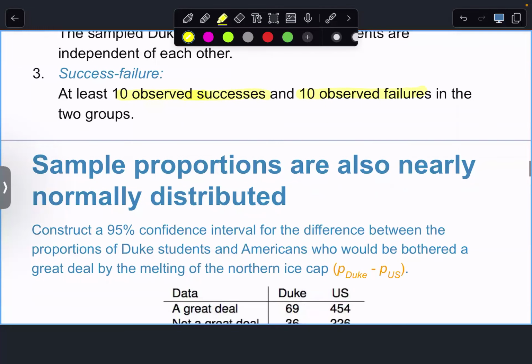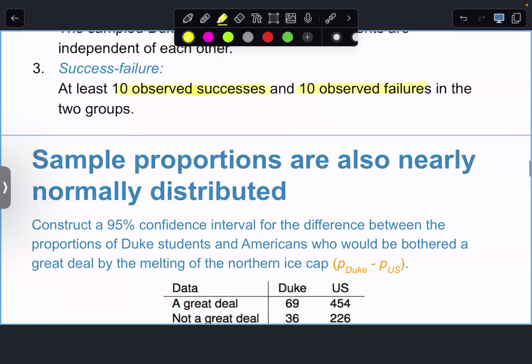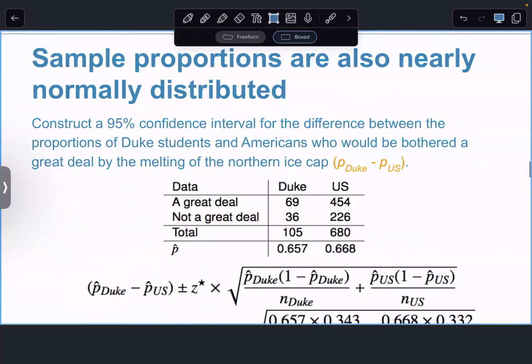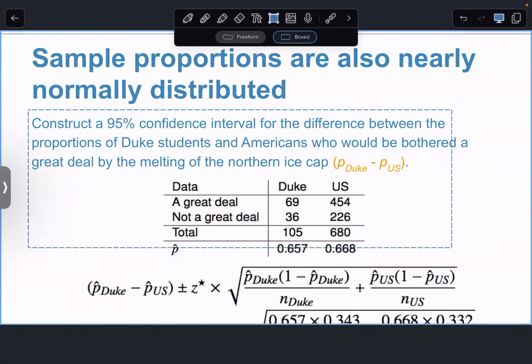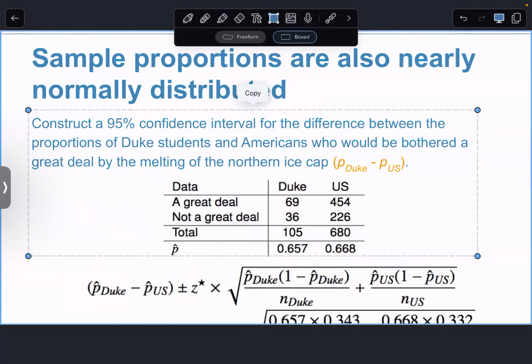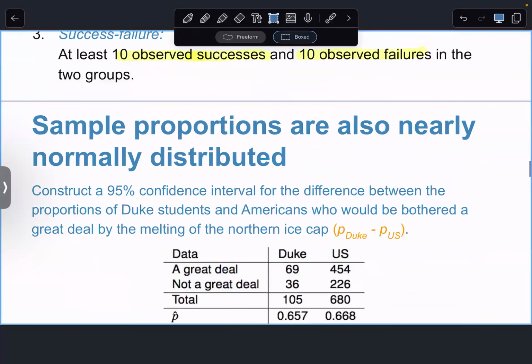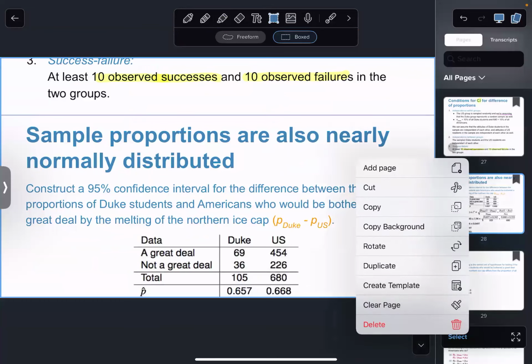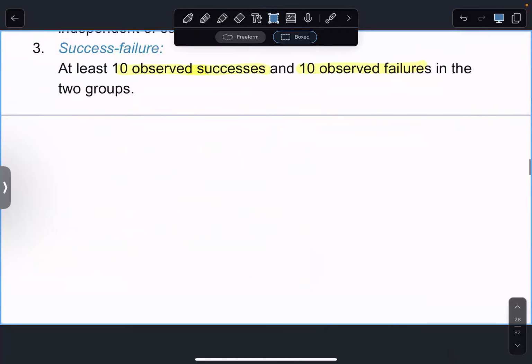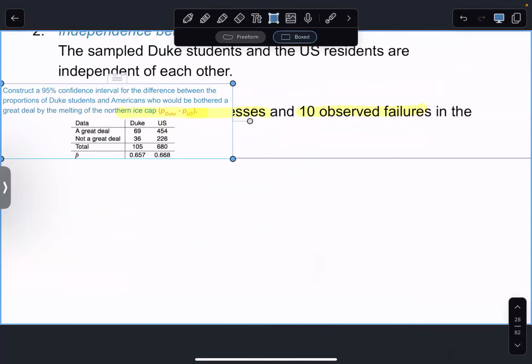Okay, so now we're pretending we checked the conditions to do a confidence interval. Instead of using this slide with the answers on it, I'm just going to copy this and add a page here, and we're going to work through this confidence interval together.